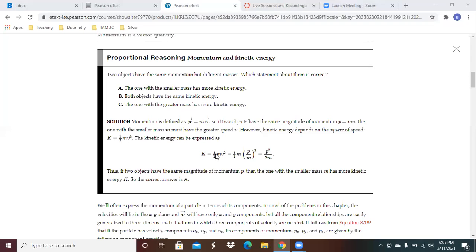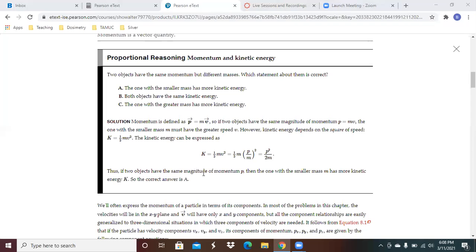You can express the kinetic energy in terms of momentum by saying 1/2 mv squared is the same as taking P over m, which turns out to be just velocity if you rearrange this equation. And so this squared times this leftover stuff becomes P squared over 2m.